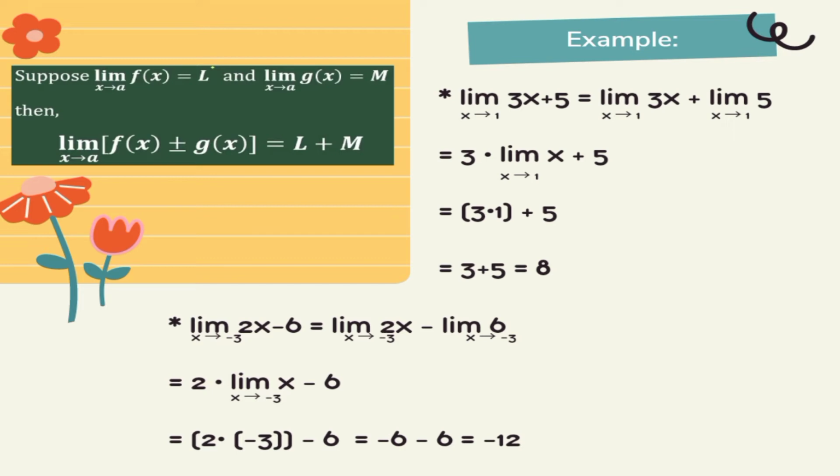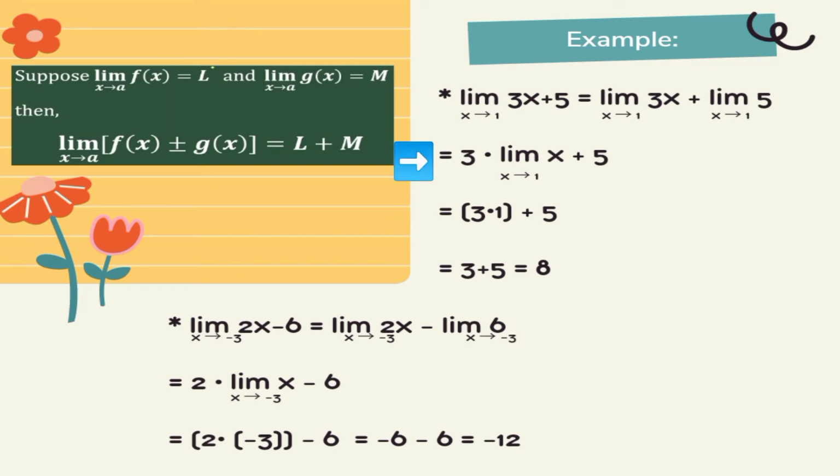I am going to discuss first the sum example, and then next we are going to have the difference example. So for example number 1, we have the limit of 3x plus 5 as x approaches 1. That would be the limit of 3x as x approaches 1.